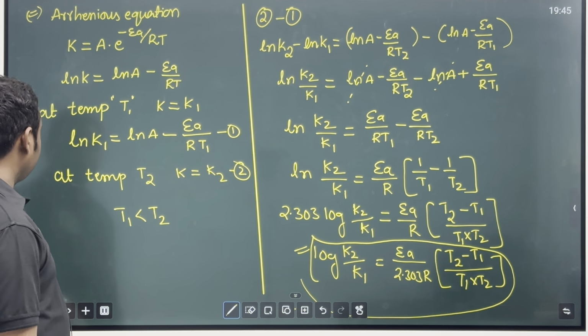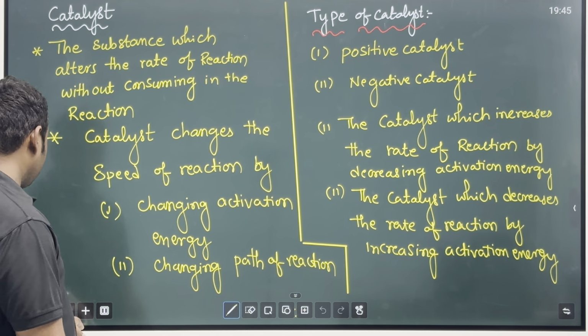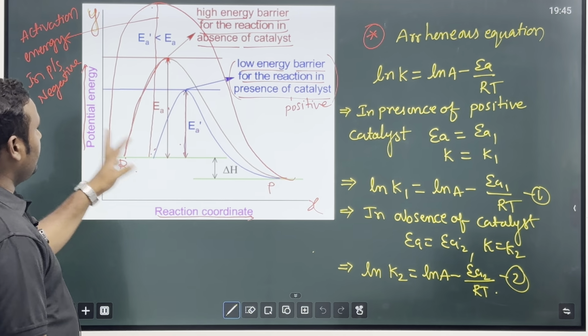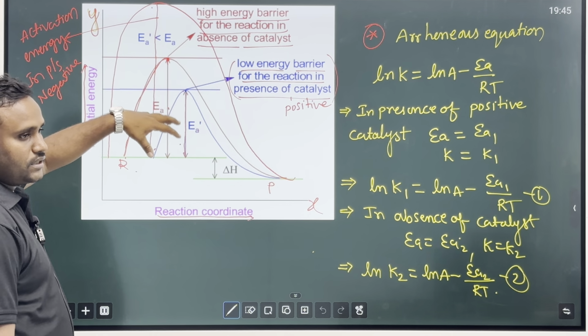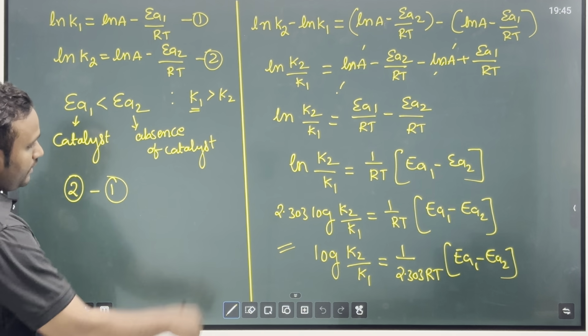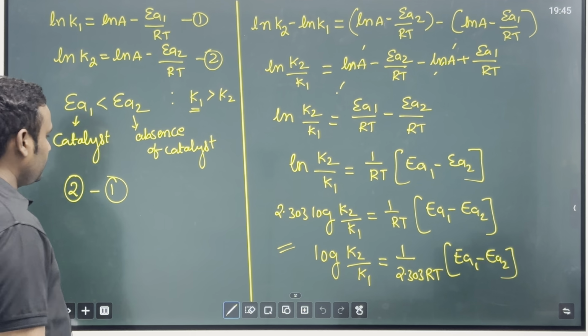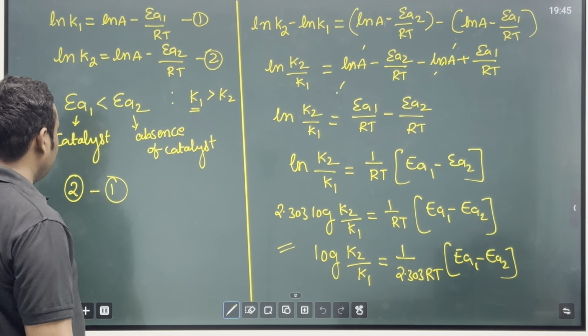Next, catalyst, types of catalyst. How does the catalyst change the rate of reaction? By decreasing the activation energy, like that. Then the Arrhenius equation with the presence of catalyst and without the presence of catalyst.